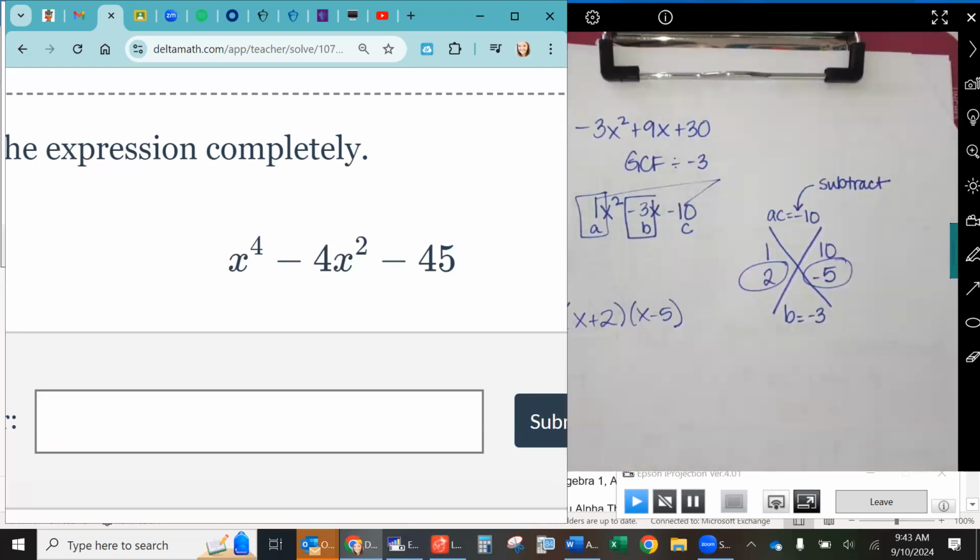You wanna have minus on the 4? Should you put it on the 5? You wanna put it on the bigger number.